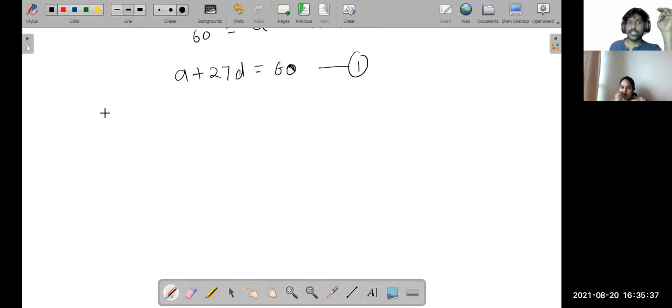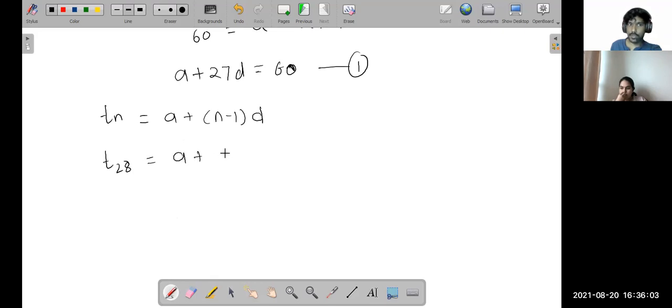Now we have to find out T28. So here use a Tn formula. A plus n minus 1 D. So this is a Tn formula and T28 you have to find out. So n is 28.